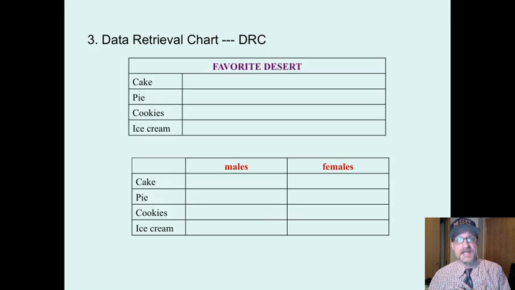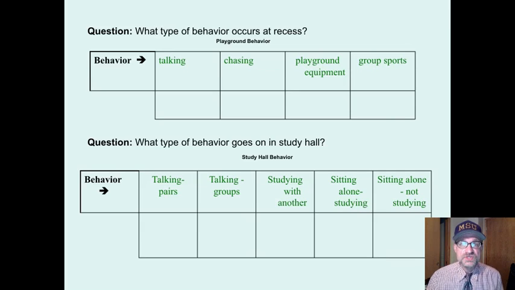Well, you could get a data retrieval chart and you could actually have students put a tally mark when they see children picking a dessert or when they ask them. We're creating structure here, or you could separate the males and the females, the boys and the girls, to see if there was a difference. We're asking a question, gathering data, and using that data to answer that question.